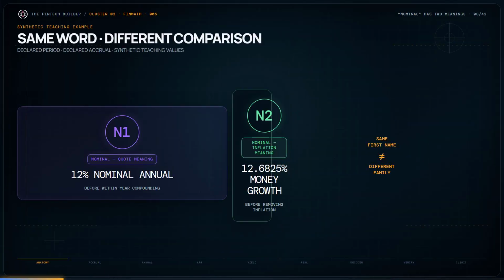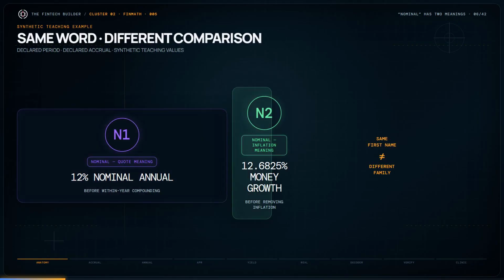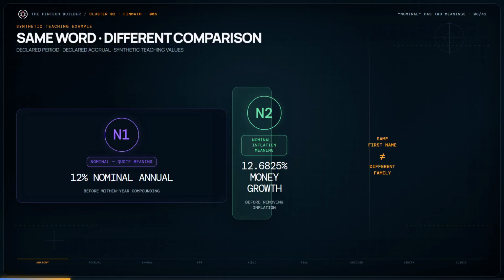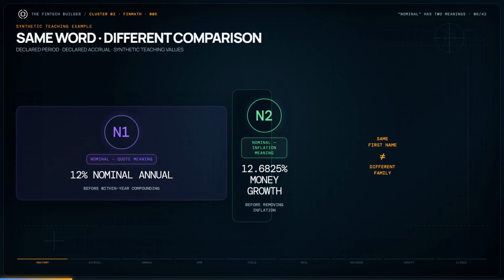The most dangerous word in this topic is nominal. A quoted nominal annual rate can mean an annual label that has not yet incorporated within-year compounding. A nominal money rate can also mean a return measured before removing inflation. Those are different comparisons. Every time this video says nominal, the screen will identify which meaning is intended.